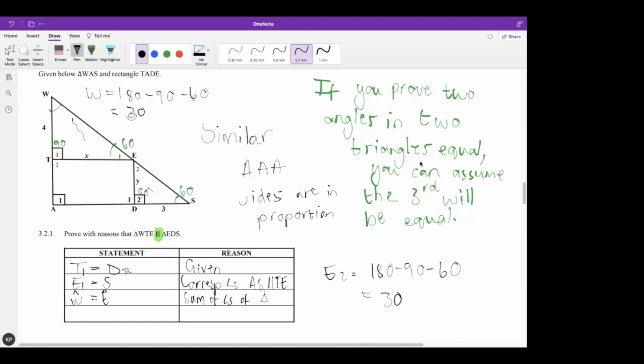Okay, so the sum will always have to add up to 180. And if you are subtracting the same amount, you will end up with the same answer. Do you see what I mean, Sai? So if you prove two of them equal, the third one has to be equal.